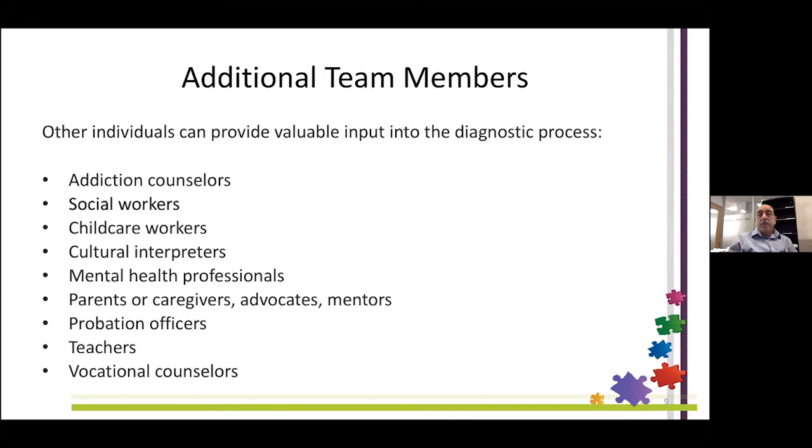Additional team members play a crucial role and do have an important role in supporting the client subsequently and also providing input in the recommendation processes. And as you can see, they come from a wide variety of sectors and fields. And it'll also depend who's available in that region where the team is located.